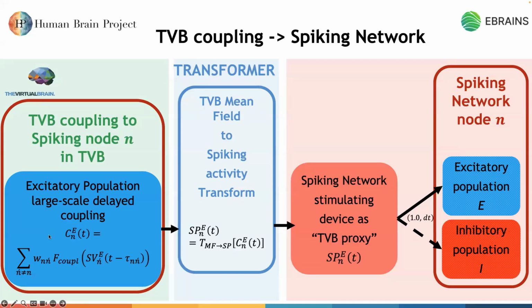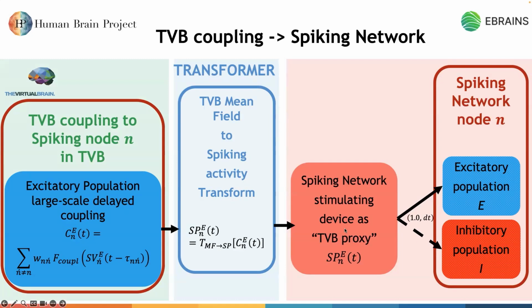In that case, again, this coupling, which is computed as a mean field quantity, needs again to go through a transformation from mean field to spiking activity. And then again, we need a device acting as a TVB proxy to send this activity to stimulate the neurons inside the spiking network.